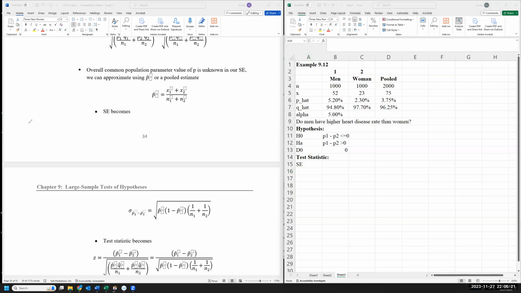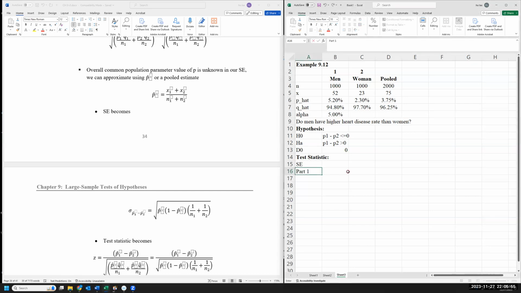I'll have this as part 1, this as part 2, and then multiplying it together as part 3, and then square rooting that as the standard error. Maybe that's easier that way. I have no idea, so let's try that.